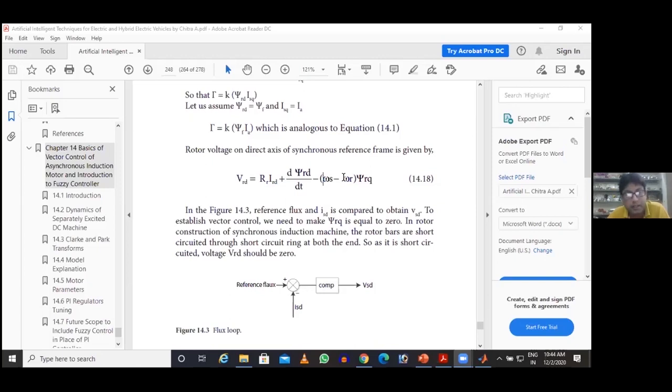To implement the vector control for an asynchronous induction machine, the control which is to be implemented is nothing but to align the instantaneous rotor flux with the direct axis of the synchronous rotating reference frame.